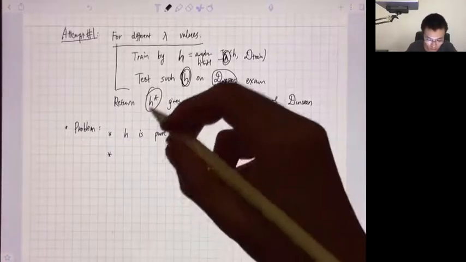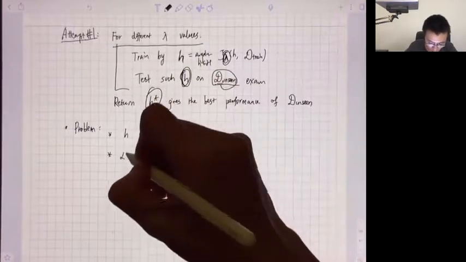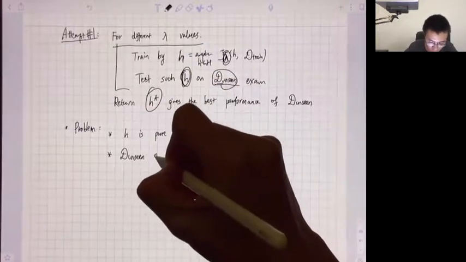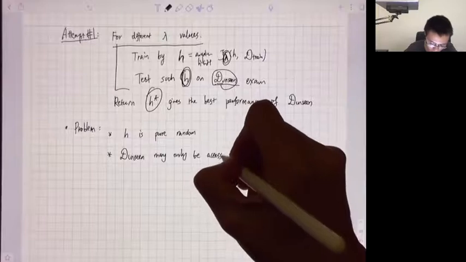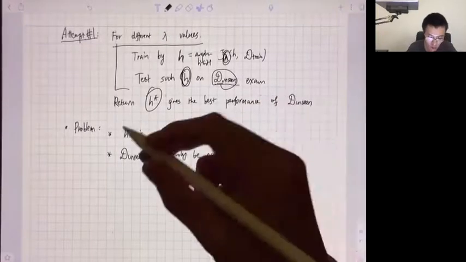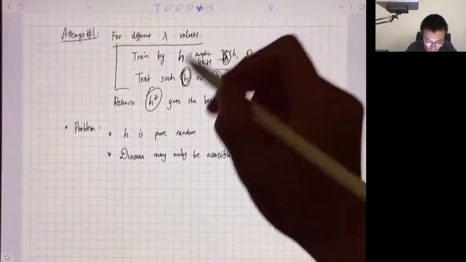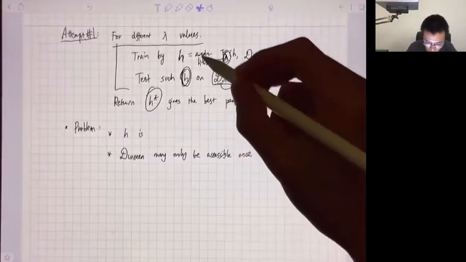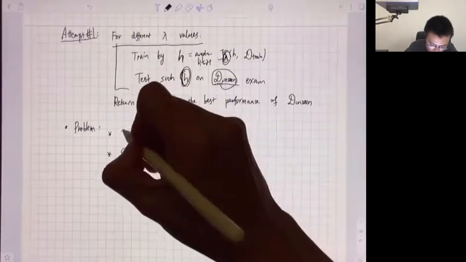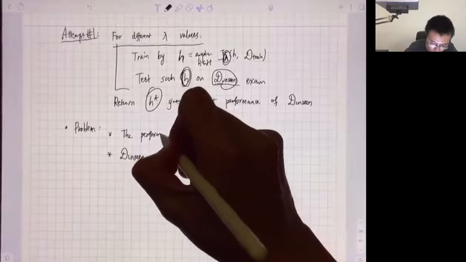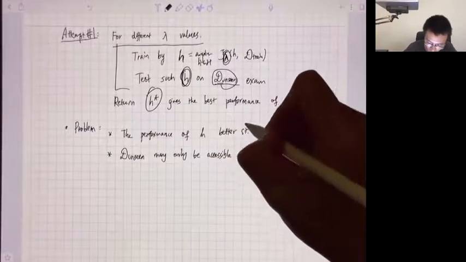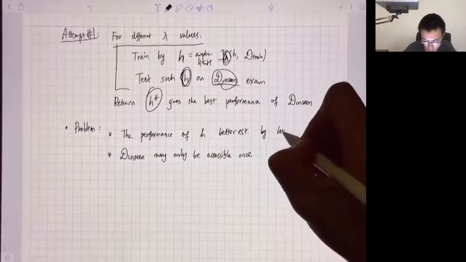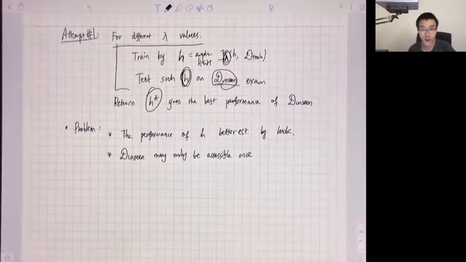So the other issue is the unseen data may only be accessible once, okay? So the first issue is the performance is better estimated just by luck, okay?